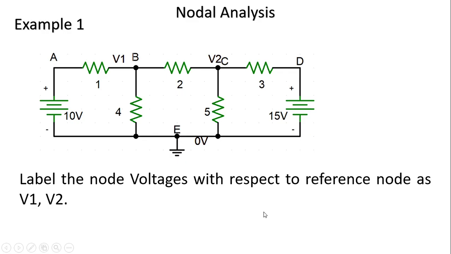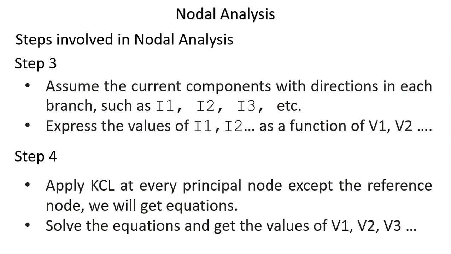Step number 3: assume the current components with directions in each branch such as I1, I2, I3, etc. We are going to express these I1, I2, I3 current components as functions of node voltages, right?